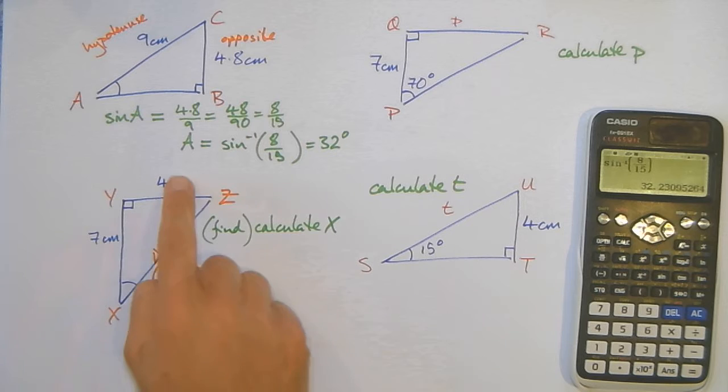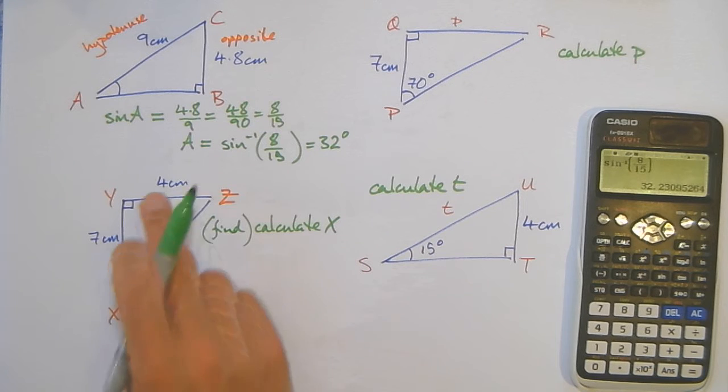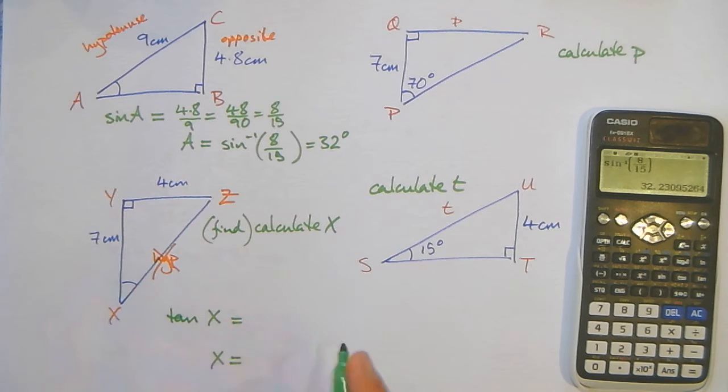We've been told the other two sides of the right angled triangle. And you have to find a way of remembering that that means that tangent is the appropriate trig operator. The tangent of X, tan of X, is this side divided by this side.